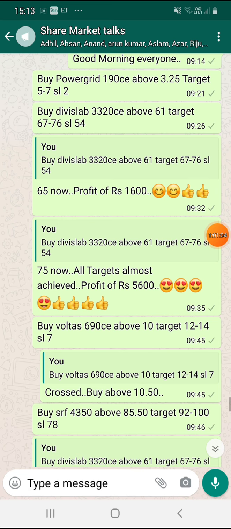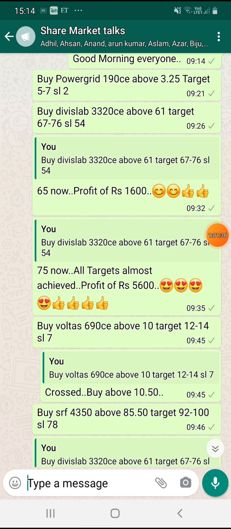For example, Divis Lab. What is the call? Buy Divis Lab 3320. Whatever I said earlier is for your learning purpose. If you are taking a mentor service, or doing it with the help of an analyst, you don't need to search for strikes; we are actually giving the strike.